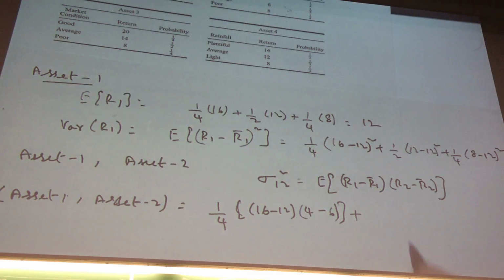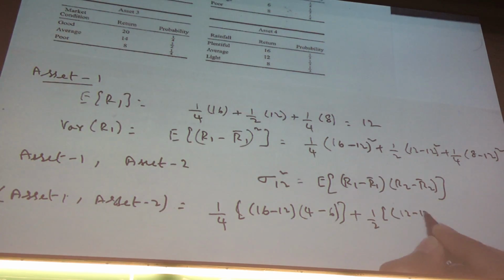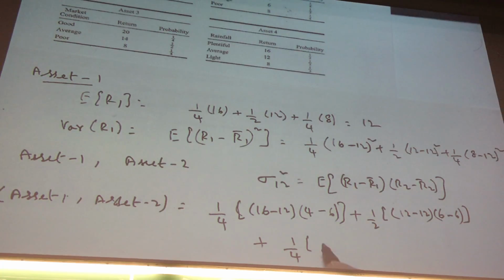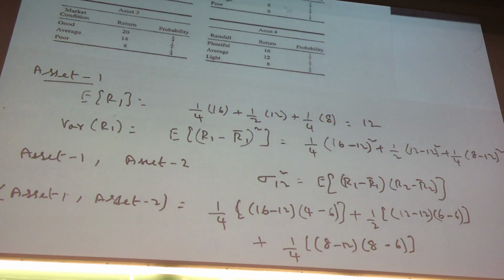So the next probability is half times (12 minus 12)(6 minus 6), that's 0, plus 1 upon 4 times (8 minus 12)(8 minus ...). So you get the covariance.